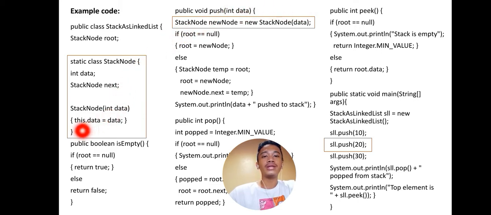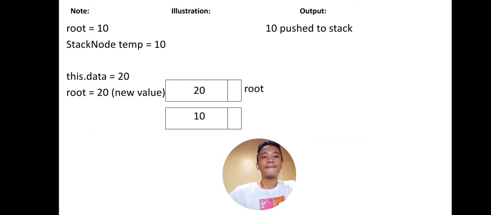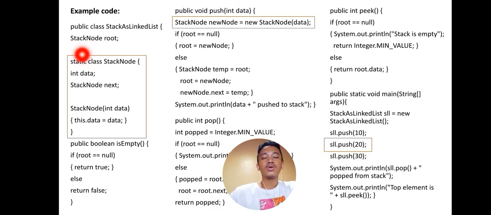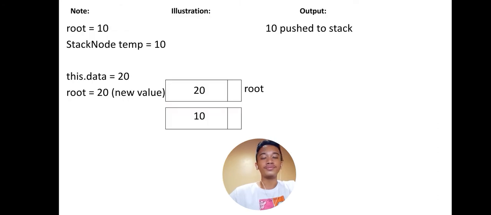So that is why this dot data is equal to 20. So we added a new node because of this group of code. This group of code will create a new node.